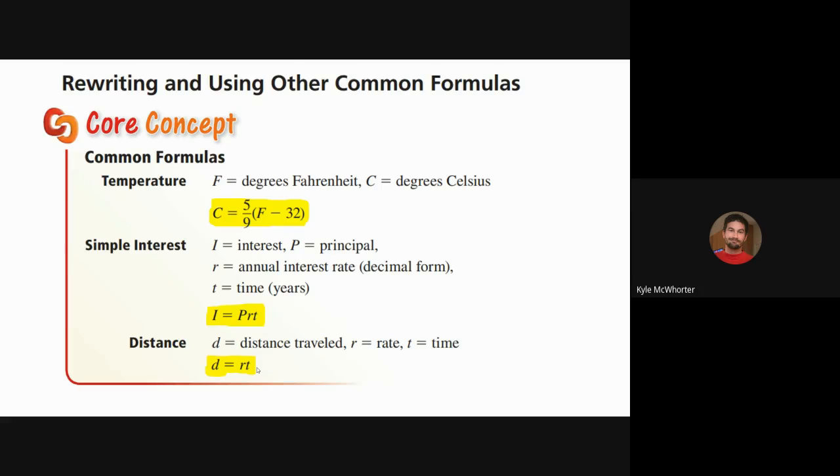So on the next slide, example 5 is basically going to be, we're just going to take the first formula here, and we're going to solve for F. Doesn't that sound exciting? Totally be able to find out Fahrenheit, even if they give us Celsius.